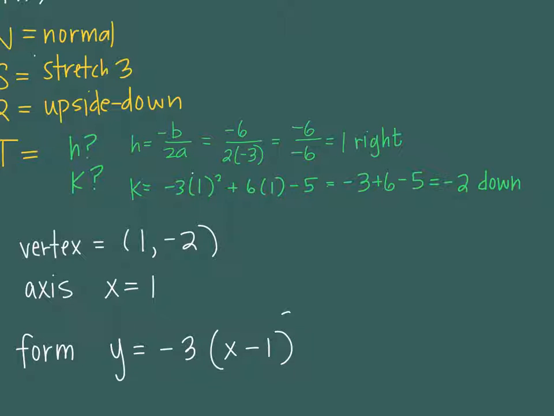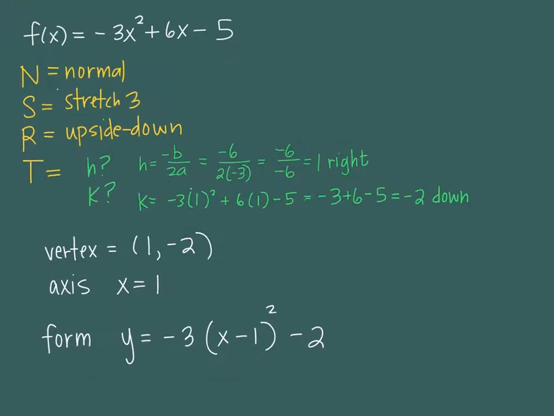I make sure to include a square, otherwise it's not a parabola. And then 2 down. And now we've written it, the vertex, the axis, and we've put it in vertex form. So you're just changing the equation into vertex form by answering really basically the NSRT questions.